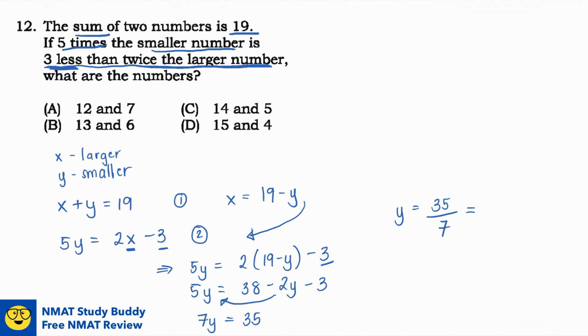Or, this one is y is equal to 5. And then, ano daw yung two numbers? Meron na tayong y. Yung x naman, x is equal to 19 minus 5. So, equal yan sa 14. So, yung sagot natin is 5 and 14. Which is letter C.